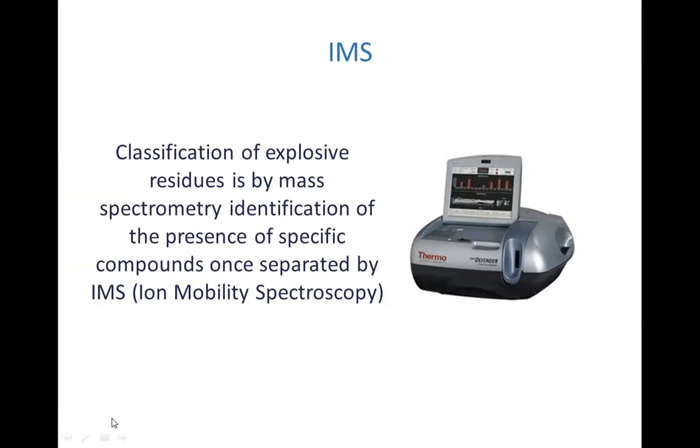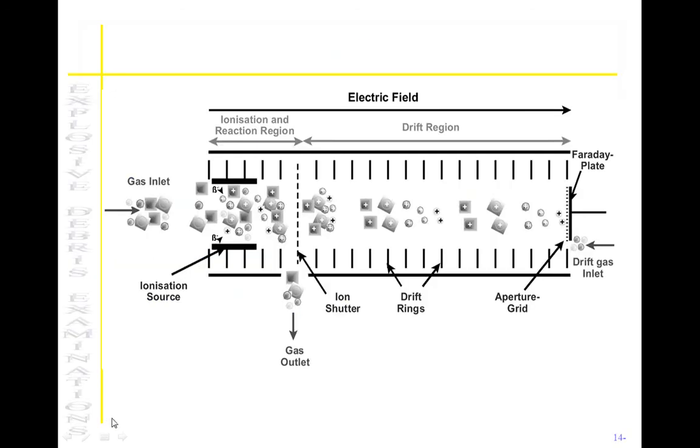Another instrument that we haven't talked about is an ion mobility spectrometer. And this can also be used to classify various explosive residues by use of a mass spectrometer. This instrument uses an ionization source which puts a charge on the particle, and then this particle will be moved through the system by placing a similar charge near it to push it, or at the opposite end of the tube itself.